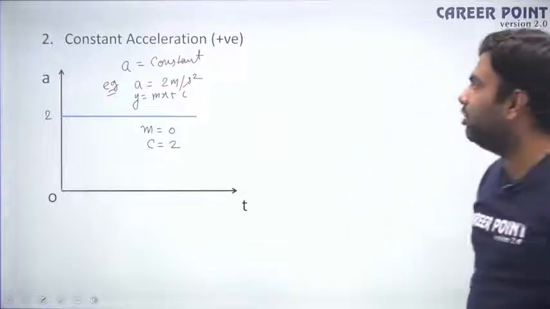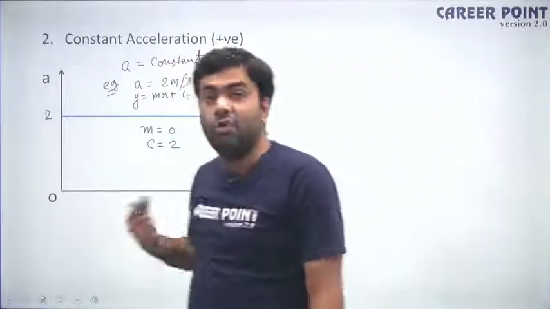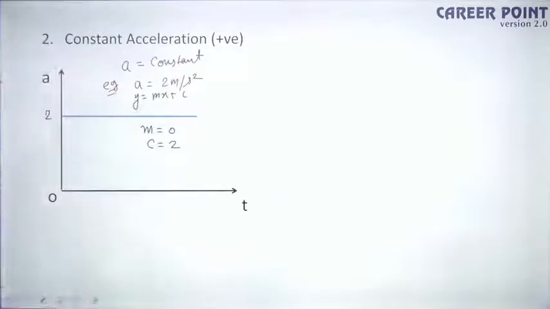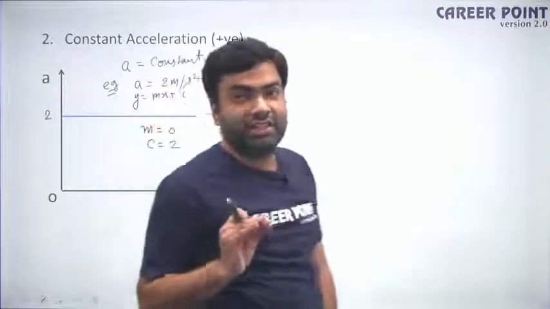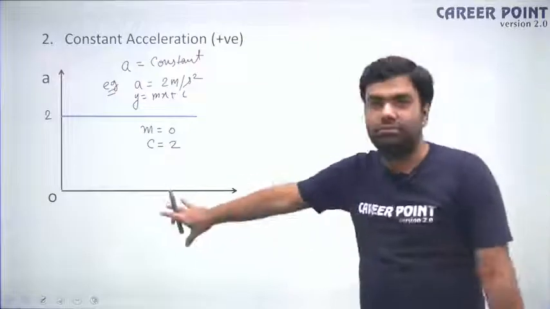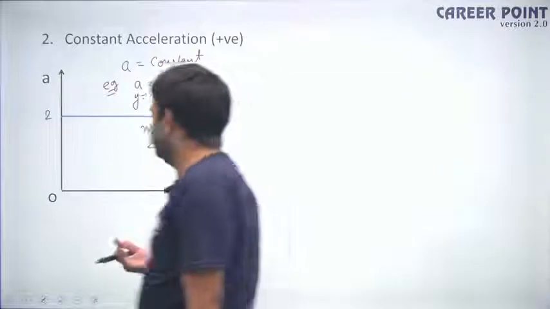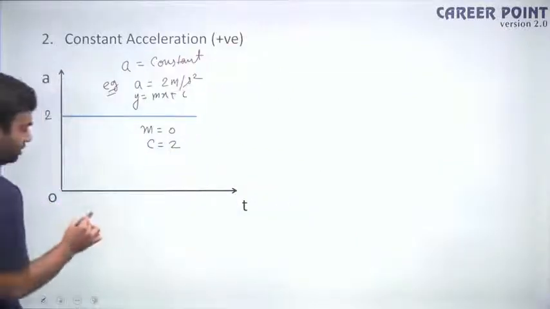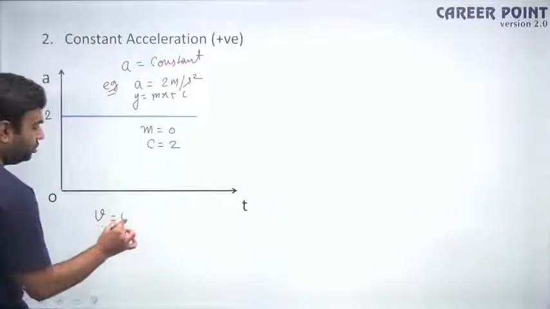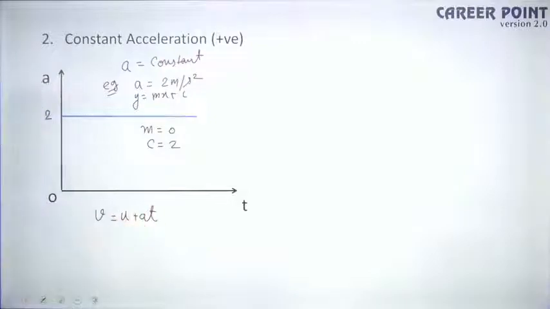Now if acceleration is constant and I want the velocity time graph, what can I do? When acceleration is constant, listen, then we can apply those equations of motion that we have derived. So if acceleration is constant, we can write v is equal to u plus at.